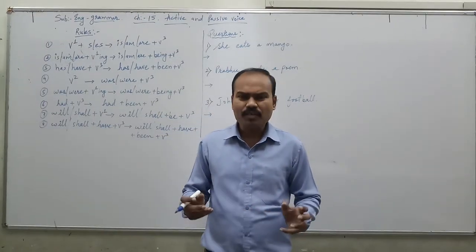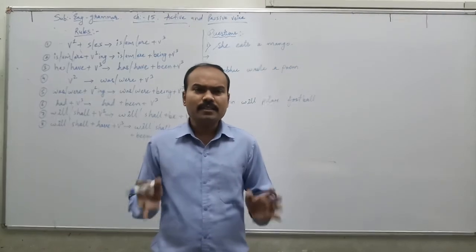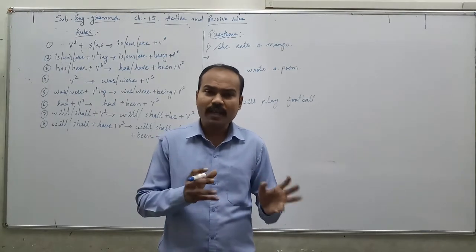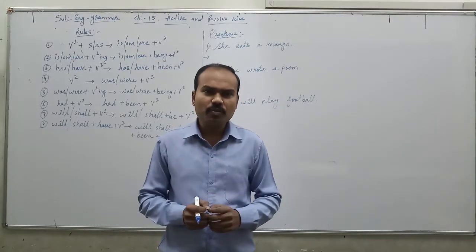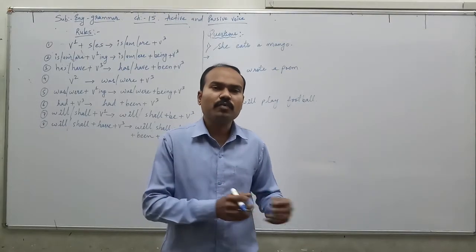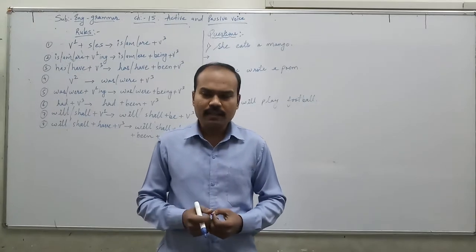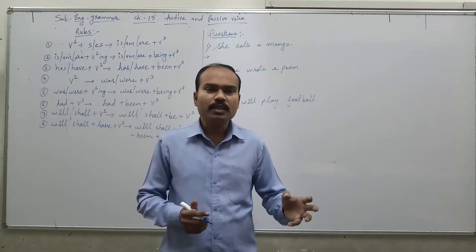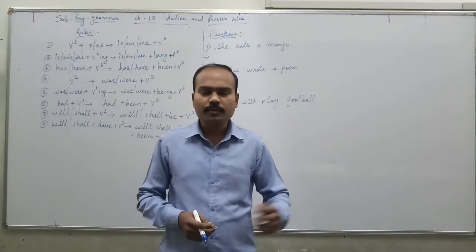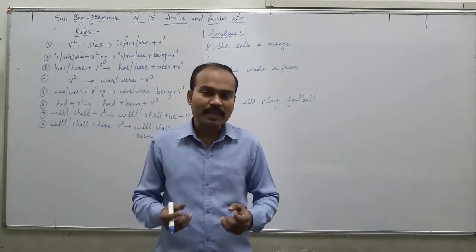Normally, we use active voice when the subject or the doer of the action, the person, is important for us, it is relevant to us. Another reason is that if we know the subject, then only we can use active voice. Now, when to use passive voice?